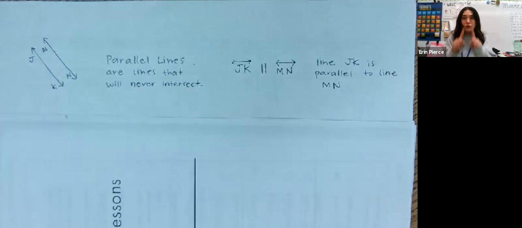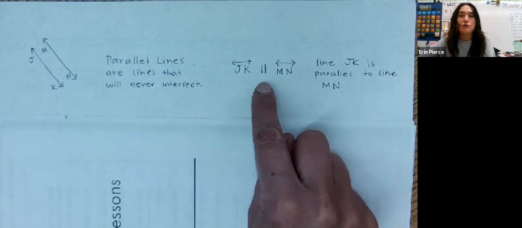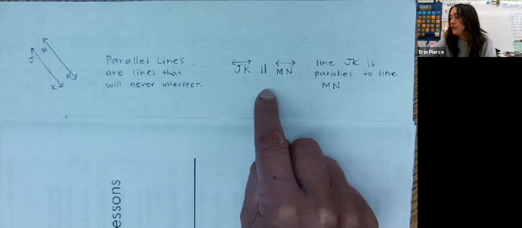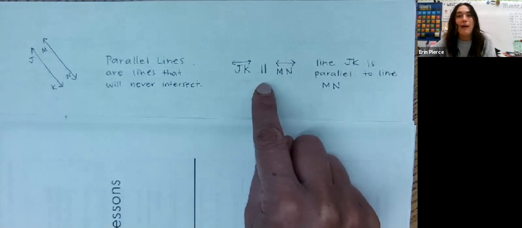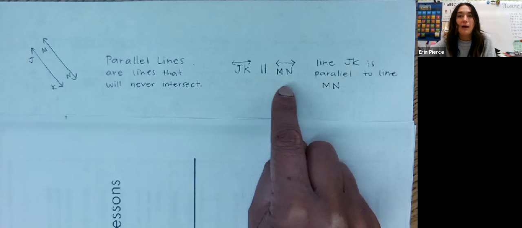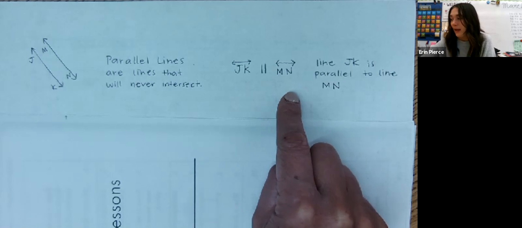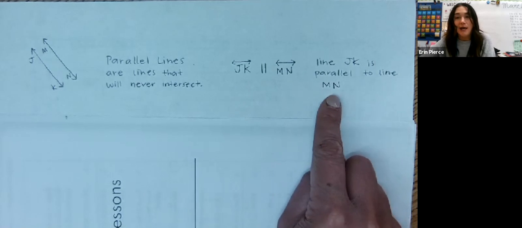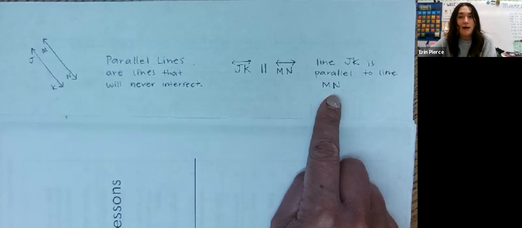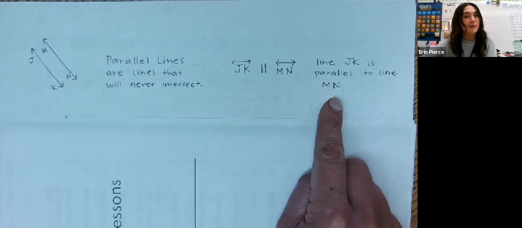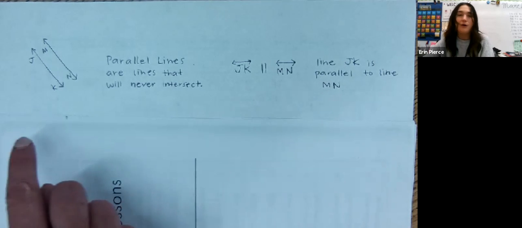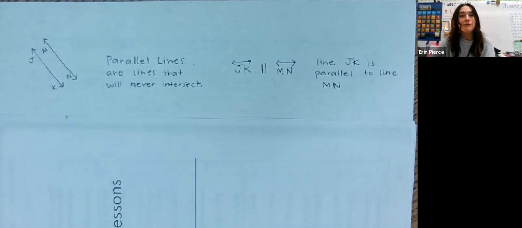We're going to draw 2 lines, almost looks like 2 tally marks. Line JK is parallel to line MN. And I read that like line JK is parallel to line MN. Pause this video to make sure that you have all of what I have written for the definition for parallel lines.